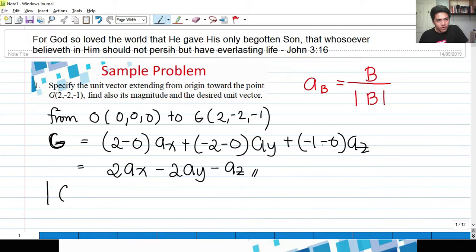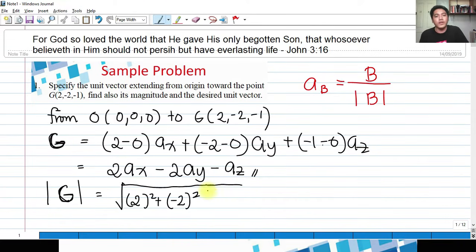Find also the magnitude and the desired unit vector. So to get the magnitude of the vector, we simply denote it as the absolute value, and we have the formula a while ago. We add the squares of the components and take the square root. So we have 2 squared plus -2 squared.